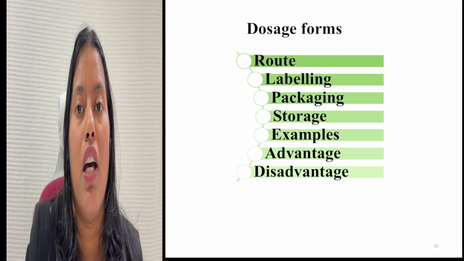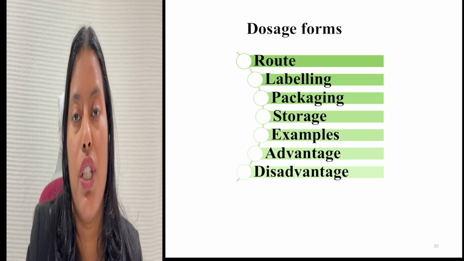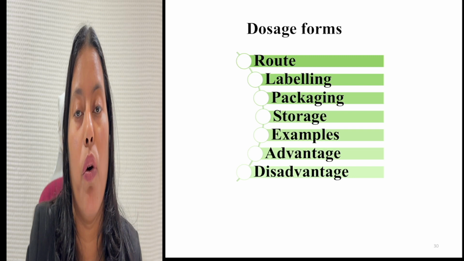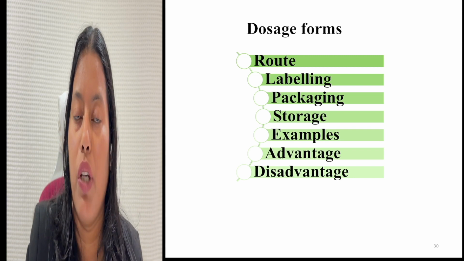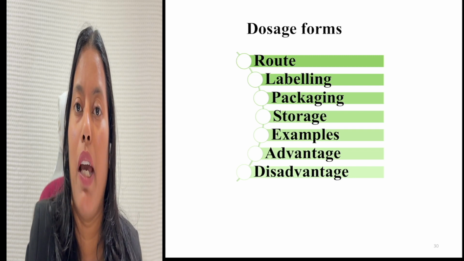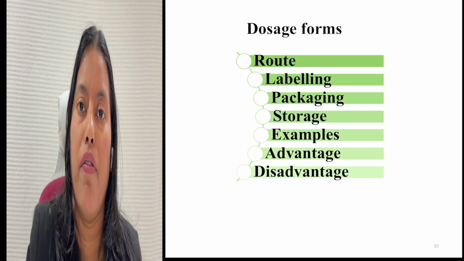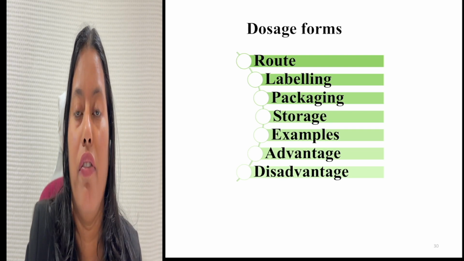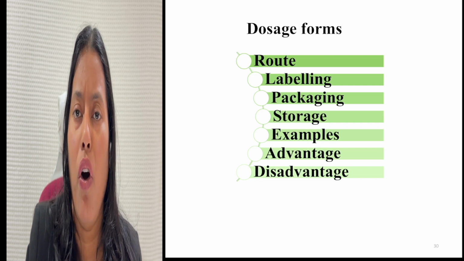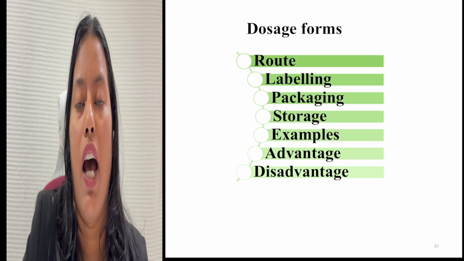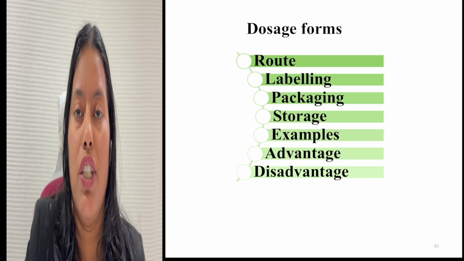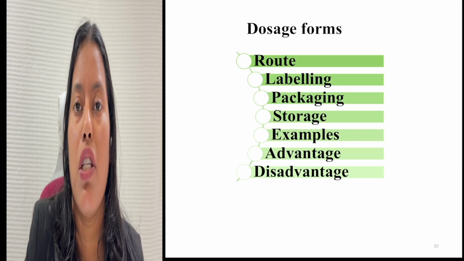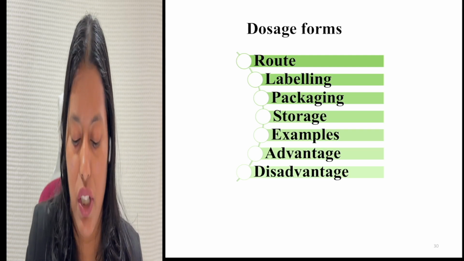Some powders are reconstitution powders, which are dissolved and then given. Sometimes an oral solution is prepared, which you can use orally, and sometimes an injectable solution is prepared from the reconstitution powder and given intravenously. So the IV or injectable routes are also used for solid dosage form formulations.